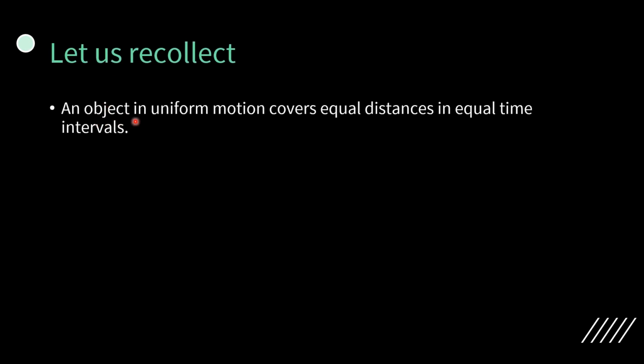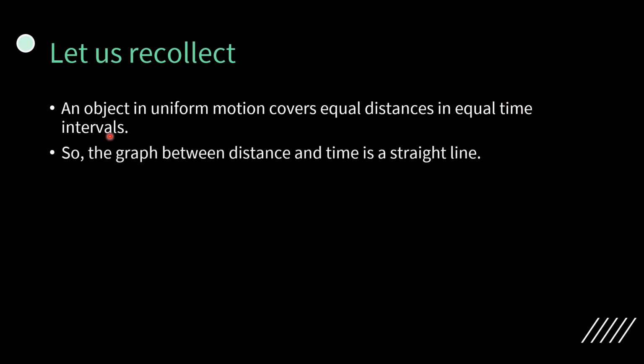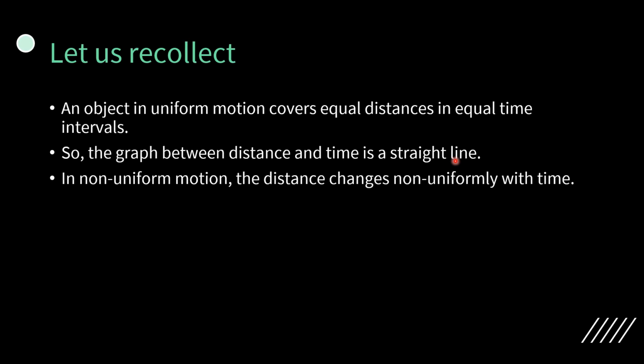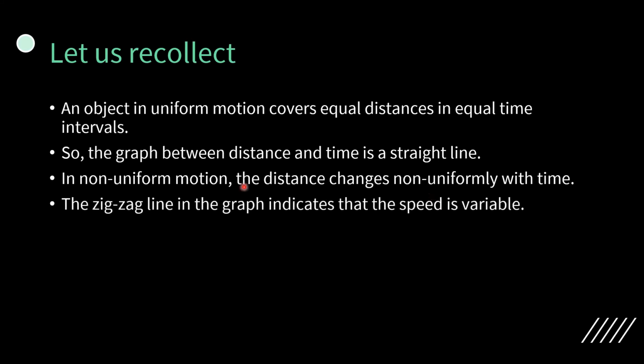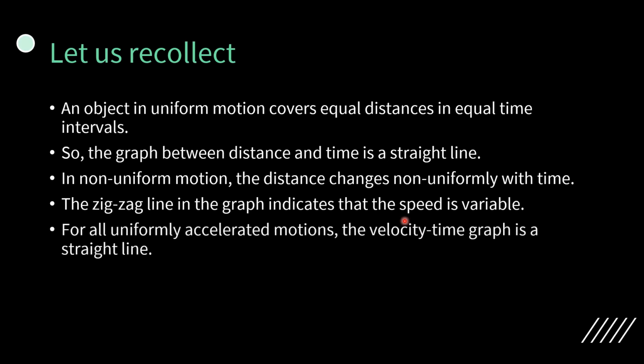We have learned that an object in uniform motion covers equal distances in equal time intervals. So, if you plot the graph between distance and time, you will get a straight line. In non-uniform motion, the distance changes non-uniformly with time, so we can expect a zigzag line which indicates that the speed is variable.